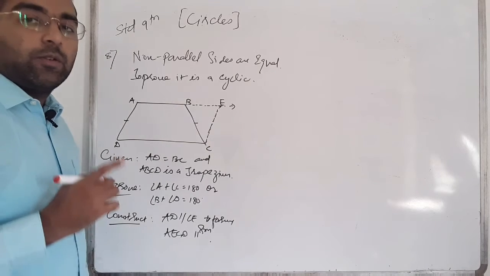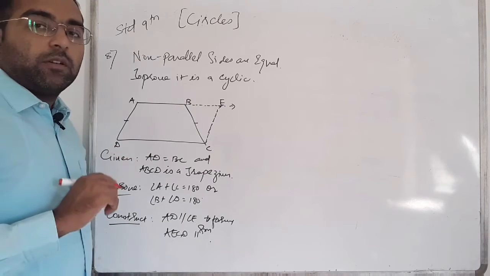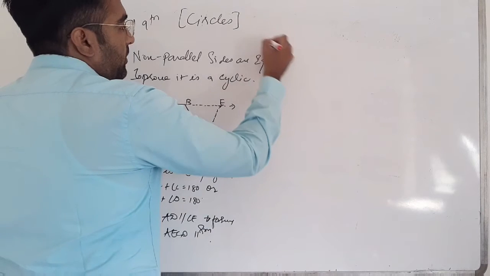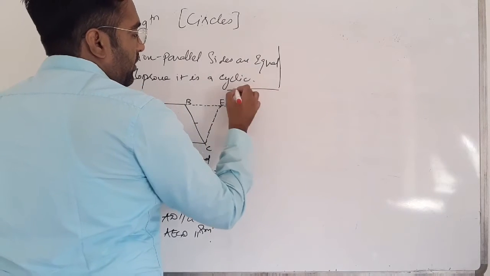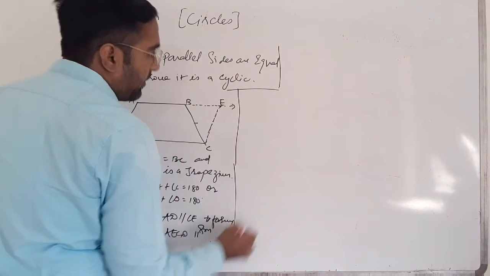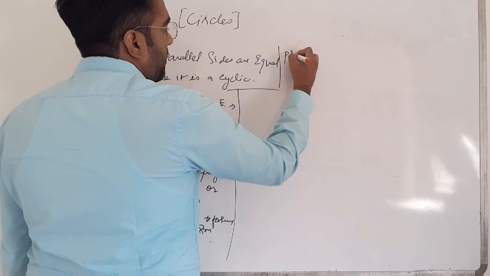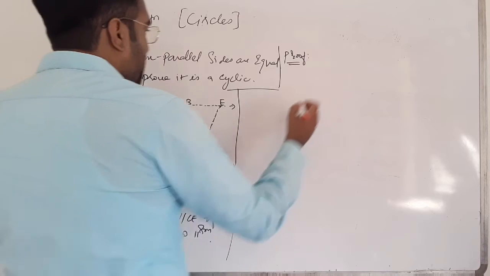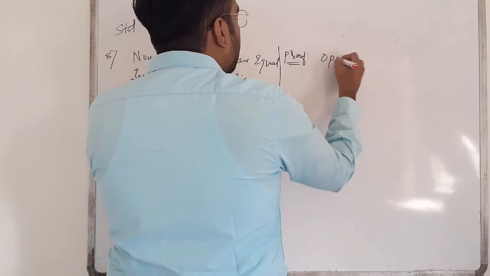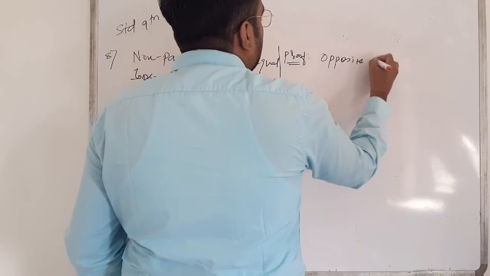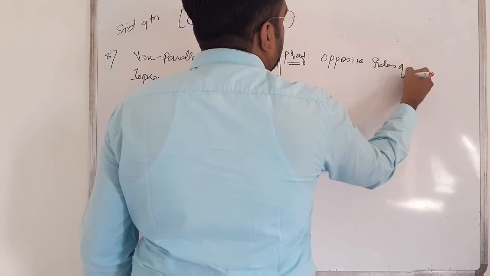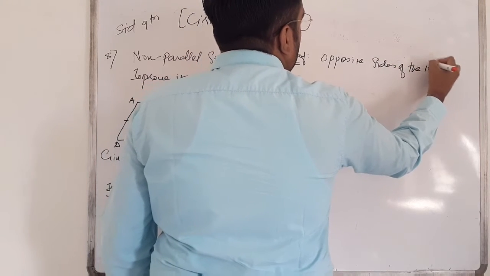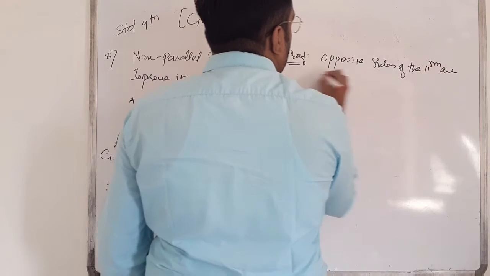Okay. So now we know that opposite sides of the parallelogram are equal. In the proof, I have to write that opposite sides of the parallelogram are equal.